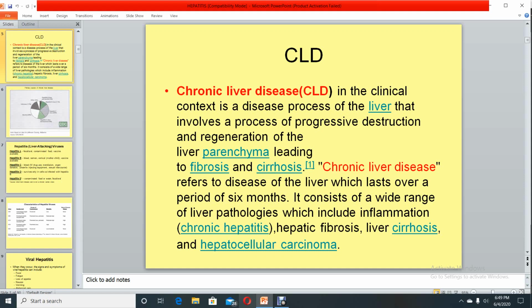Hepatic fibrosis is included. Cirrhosis is included in this. And hepatocellular carcinoma is also included in chronic liver disease. It also comprises portal hypertension, which is the result of cirrhosis, but it is also included in this. So chronic liver disease is the constellation of different terminologies of liver diseases.